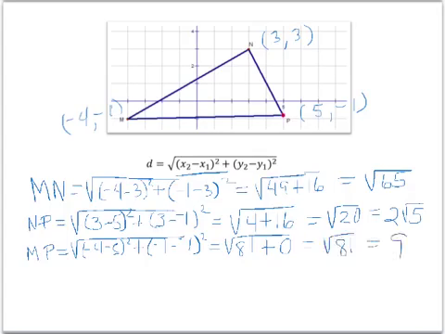We can see that all 3 sides are different lengths. Therefore, we say that triangle MNP is a scalene triangle.